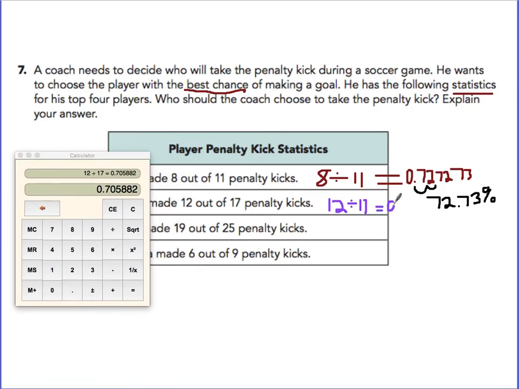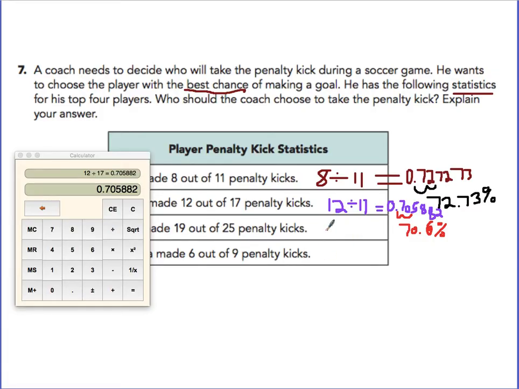So we're going to show our work here: 0.70588. All right, let's move the decimal 2 places to the right. So I get 70, we're going to round it 70.6%. So already she's not in the lead, so she's not the choice, right? This 72% is better than 70%.